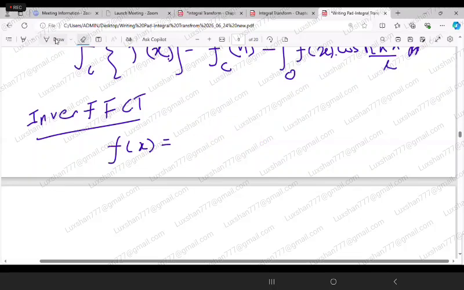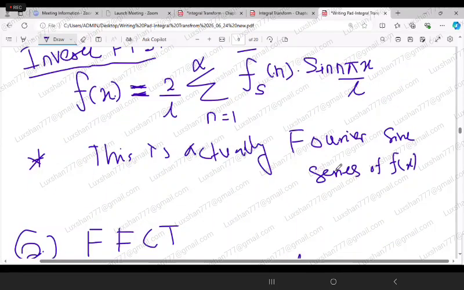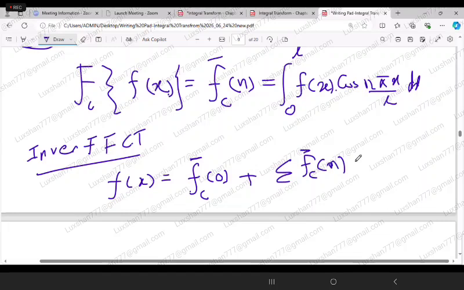So we'll put f(x) is equal to f bar c naught, that means the value at 0, plus the summation of f bar c n times cos(n pi x by L), n equal to 1, 2, and so on.